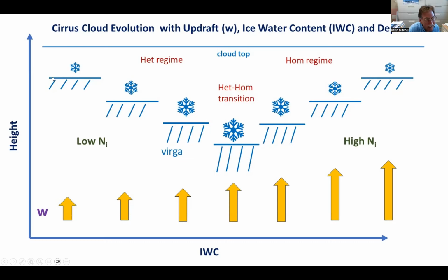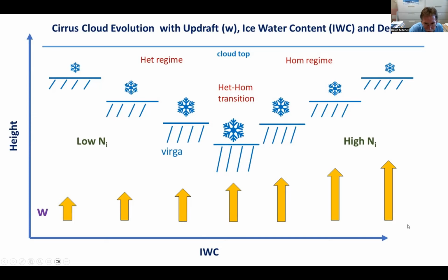Shown here is kind of a cartoon of cirrus clouds, where we have cloud base shown by the virga at the bottom and cloud top at the blue horizontal line. The arrows show the updraft, a steadily increasing updraft with ice water content. There are papers in the literature showing that as the updraft increases, the ice water content increases too.